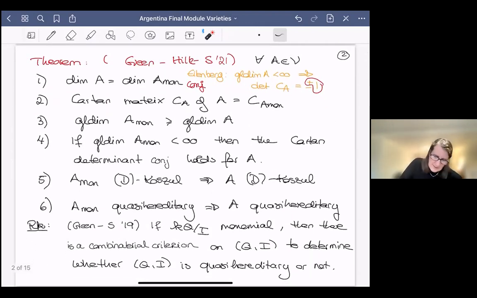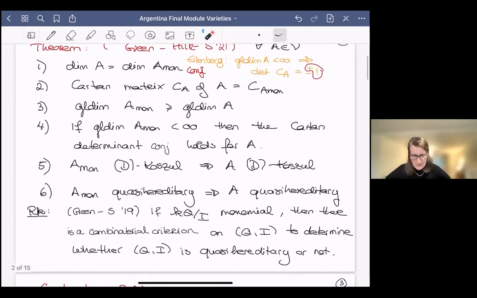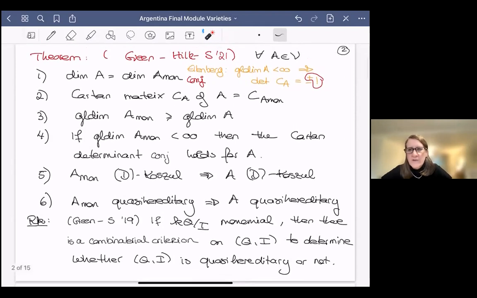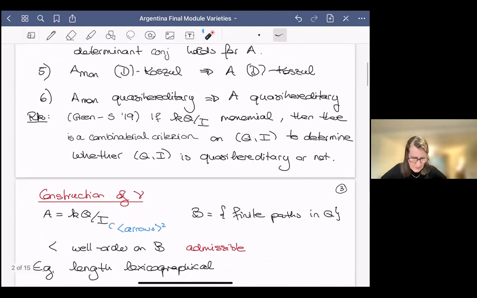And the reason that it's easy to determine for monomial algebras is that, with Ed Green, we showed that if you have an algebra that is monomial and of the form KQ/I, then there's a very combinatorial criterion where you just look at the quiver and your relations and you pick out vertices. And if you can do it in a certain order, then the algebra is quasi-hereditary. If this is not possible, then it's not. And if I have time, I'll show you exactly how that works in an example.